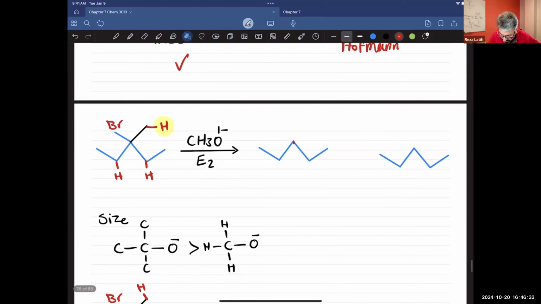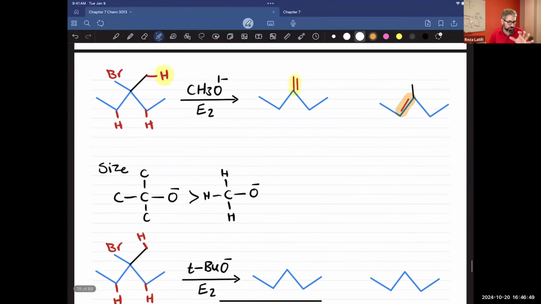We will have carbon here, and the double bond will be there. Or we might actually get a double bond here, and that means the carbon is going to be there. So this one will be Hoffman, and the second one will be the Zaitsev product. And your base is a small base, and because it's a small base, it can make it to a primary or a secondary carbon. It can easily grab hydrogen from them.